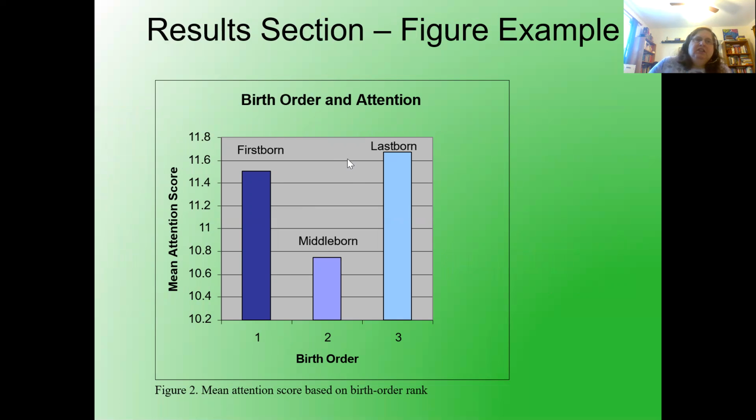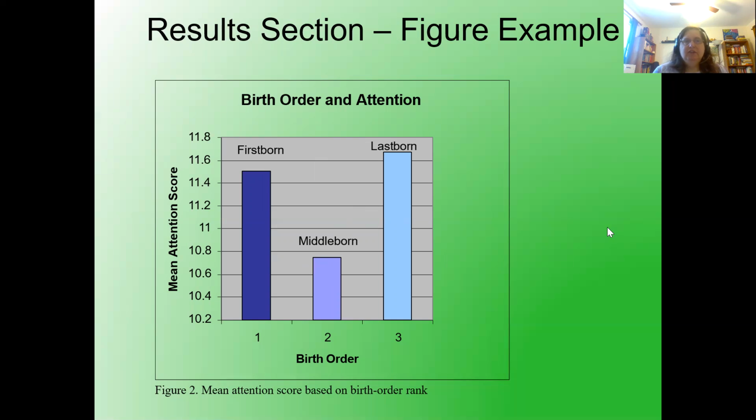What I really like about bar graphs is you can see right away that lastborn and firstborn don't seem so different, but firstborn looks different from middleborn, and lastborn certainly looks different from middleborn. Now, we don't know. We'd have to look at the actual numbers to see if that was true, but that's what we can immediately get a look at.